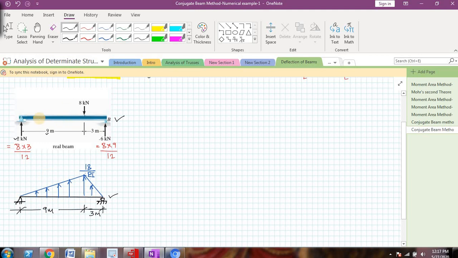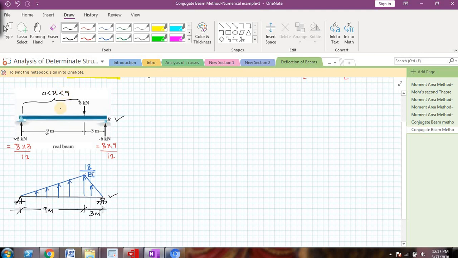Now if you see carefully, the maximum deflection of this real beam could occur in this portion, that is, the value of x, the location of the maximum deflection, will lie between 0 and 9 meters.